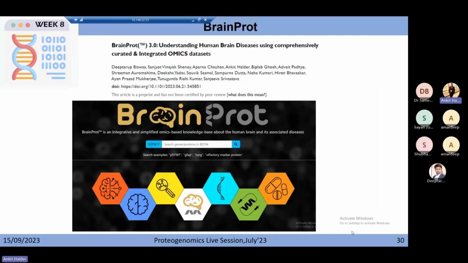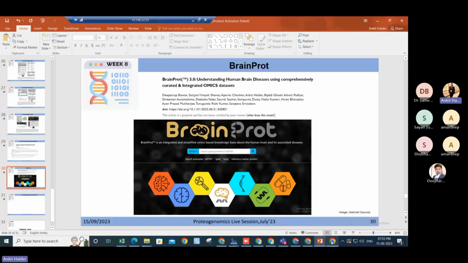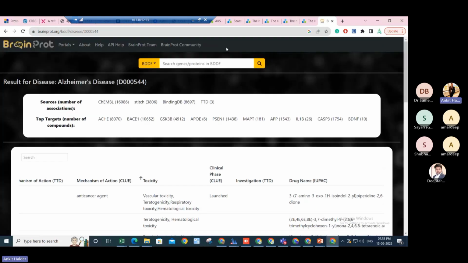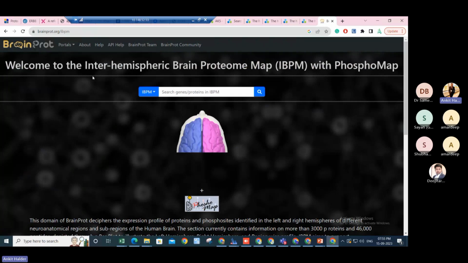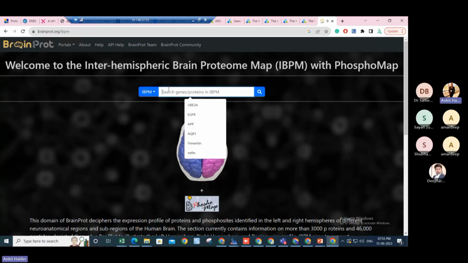Also, sorry, one thing I missed out: BrainProt also has the portal of IBPM. As I showed you in the Human Protein Atlas, the basal level protein expression, this particular domain contains the basal level expression and how it differs hemisphere-wise, and their phosphorylation status.